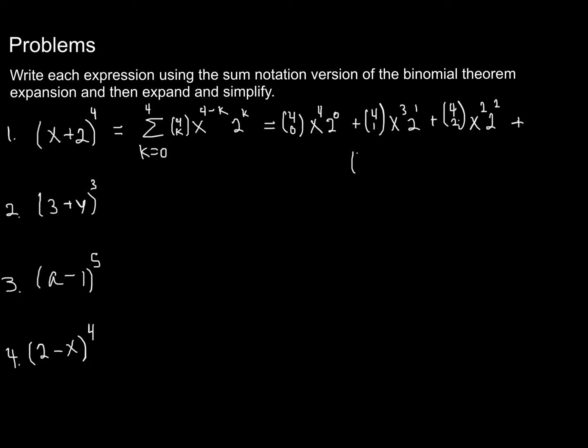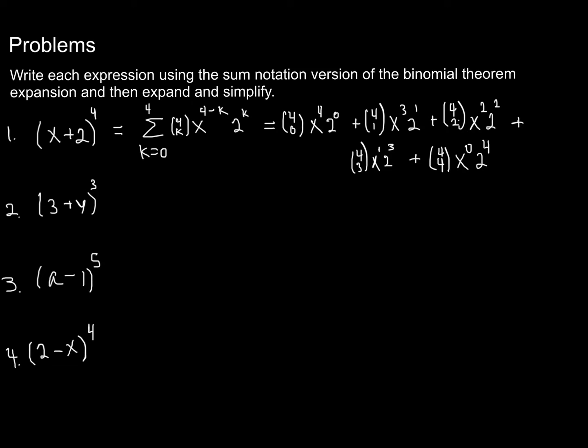Now k is 3, so I'll have 4 choose 3, x to the 1, because, again, k is 3, so I'll have 4 minus 3, which is 1. 2 to the k, so 2 to the third. Plus 4 choose now, k is 4, x to the, and now think about this, k is 4 now, so I have 4 minus 4, or x to the 0, 2 to the k, which is 4.